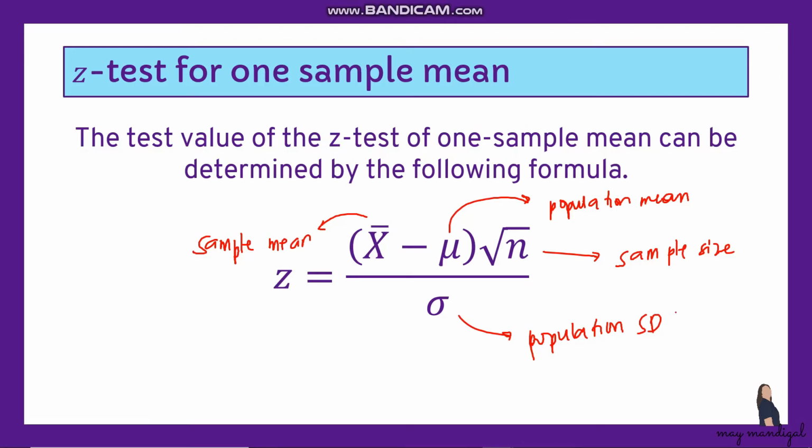However, if the population standard deviation is not given, we can replace it with our sample standard deviation. Either of the two values must be present in our given problem. We will use this formula to solve for the test value of our hypothesis testing.